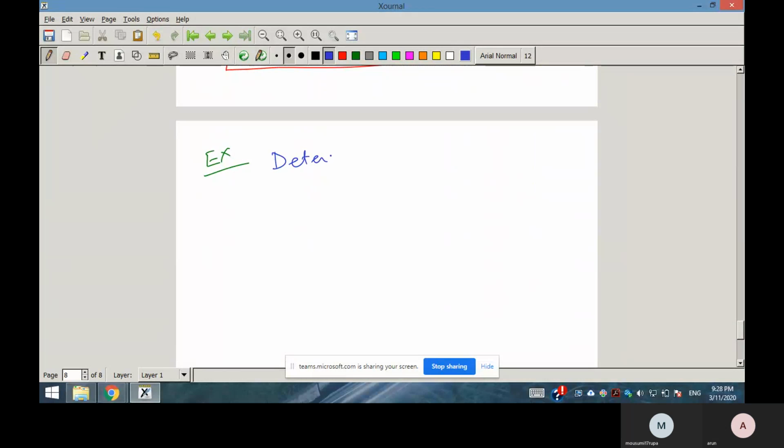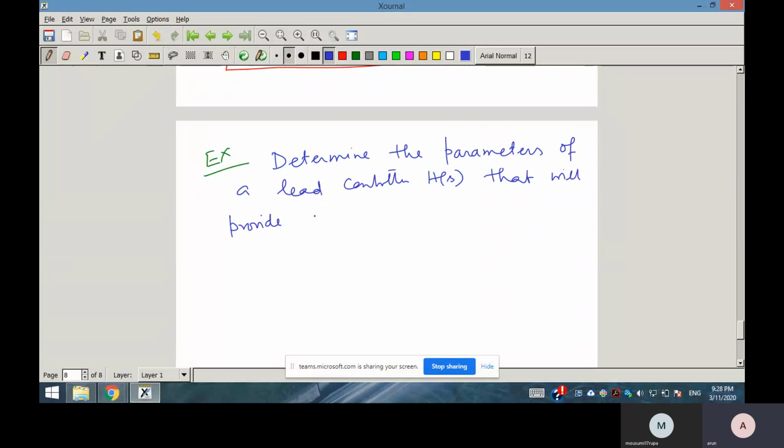Determine the parameters of a lead compensator, lead controller H(S), that will provide a phase lead of 45° and gain equal to 10 dB at omega C, the angular frequency, equal to 8 radian per second. This is the question. Now how to solve?